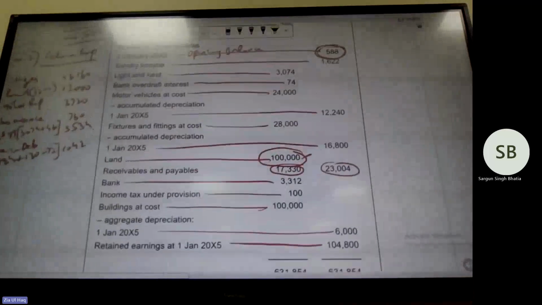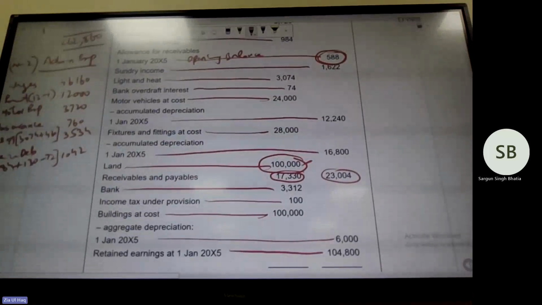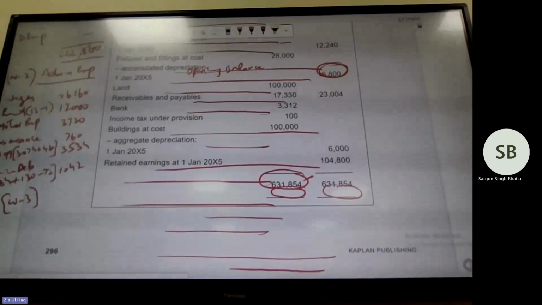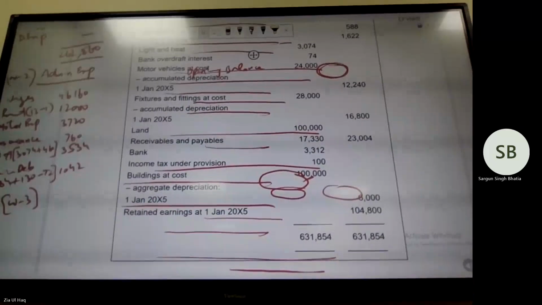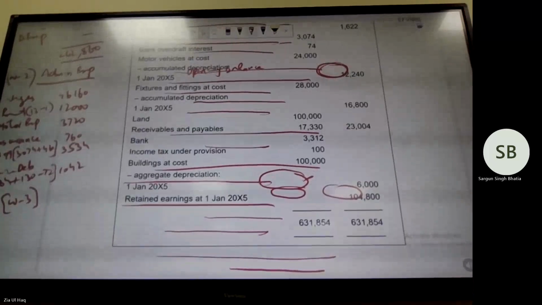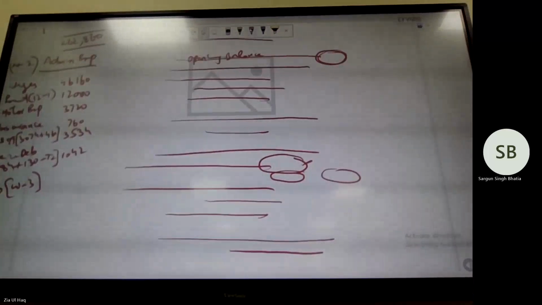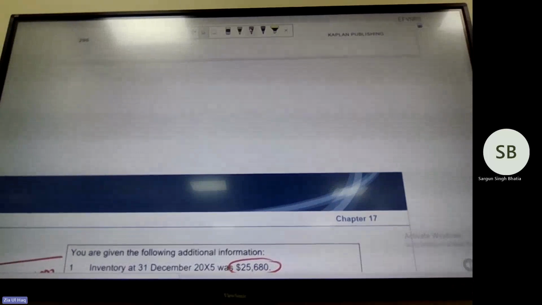We need to record depreciation under the admin expenses as well. For depreciation, we need to open another working. So let's open another working for depreciation here.